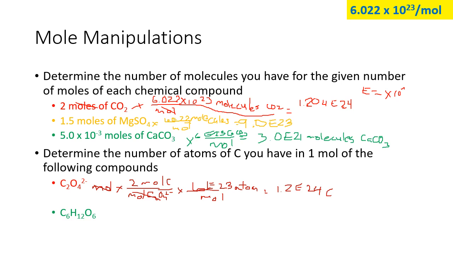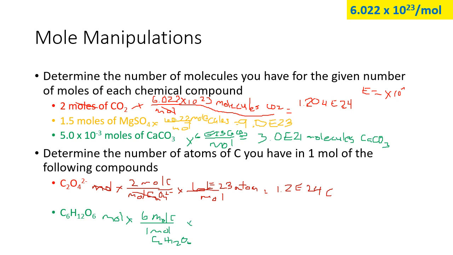All right, so let's do the same process, but with sugar. That's what C6H12O6 is. Specifically, we're talking about glucose. Now, for 1 mole of C6H12O6, how many moles of carbon do we have? We use that subscript, and we have 6 of them.